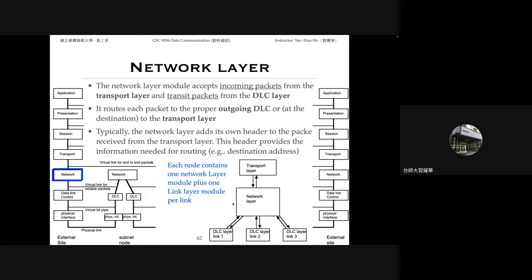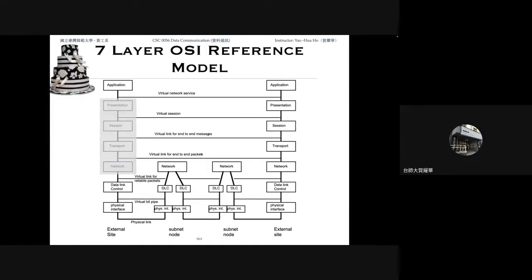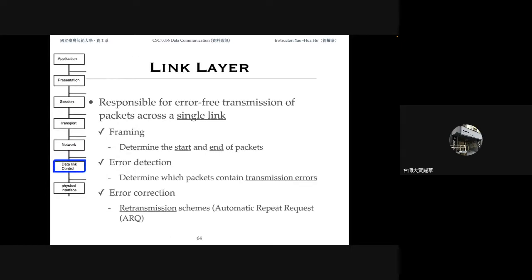So that's the networking layer, okay? All right, so from the networking layer, the next layer down is called the data link layer, okay? Now, the data link layer provides an error-free transmission for the packet across a single link, okay?